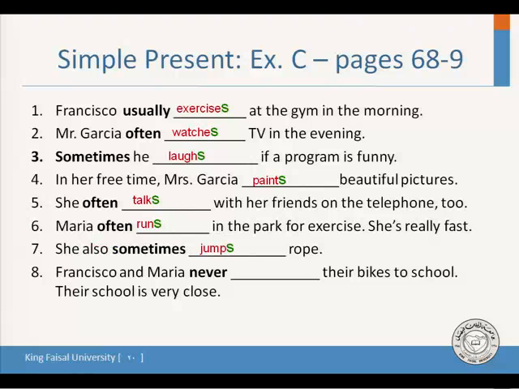And number 8, Francisco and Maria, 2 people, never ride their bikes to school. Why don't we have an S? Rides. You remember this from lecture 2? Never ride, because we're talking about Francisco and Maria. They, two people.